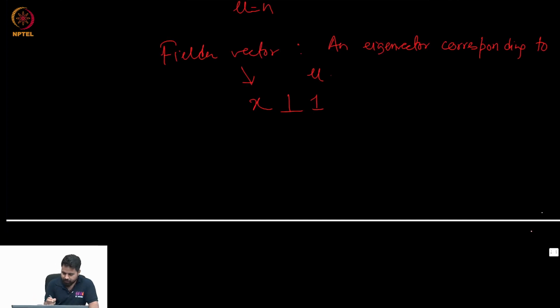I told you there will be some positive entries, some negative entries, some 0 entries. So let me define two vertex sets using x. Suppose I denote by V plus, now talking about the vertices of the graph G, all the vertices i such that the corresponding entry in your Fiedler vector is non-negative, that is, x_i is greater or equal to 0.